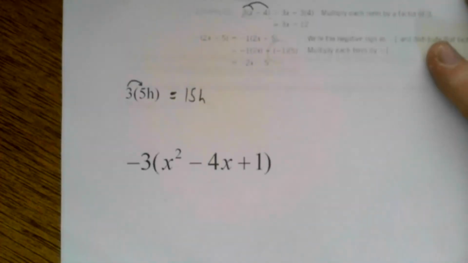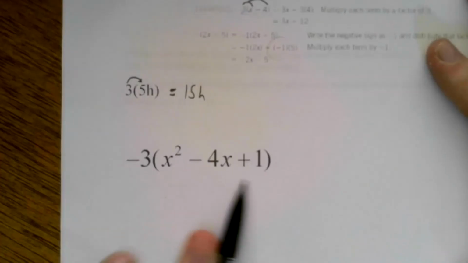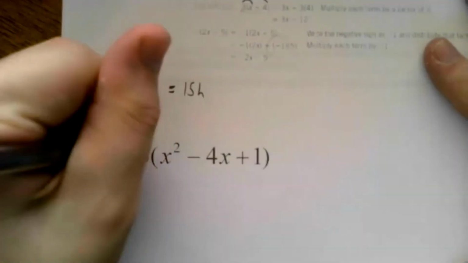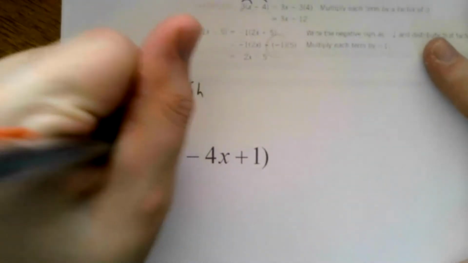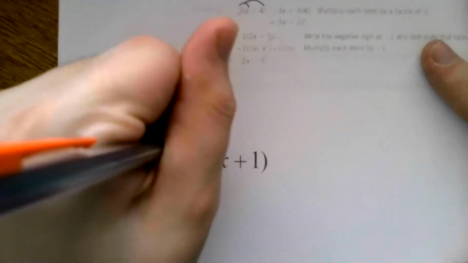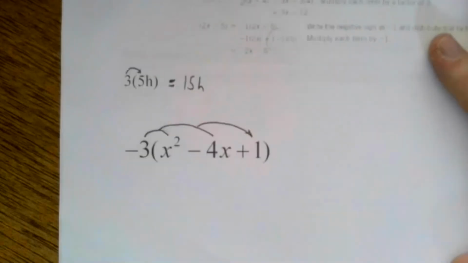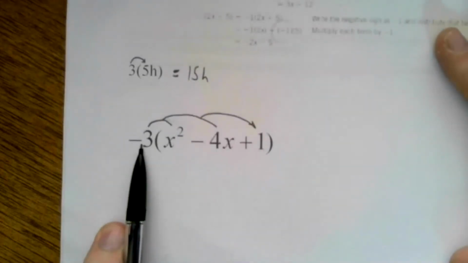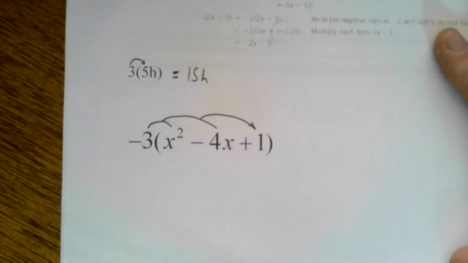So on the next one, we're going to distribute this negative 3 to all 3 terms that we're adding and subtracting. So I'm going to multiply negative 3 there, multiply negative 3 there, and multiply negative 3 there. Okay. So what's negative 3 times x squared? Negative 3x squared. Yep, negative 3x squared.